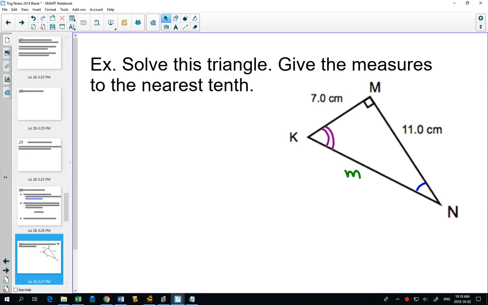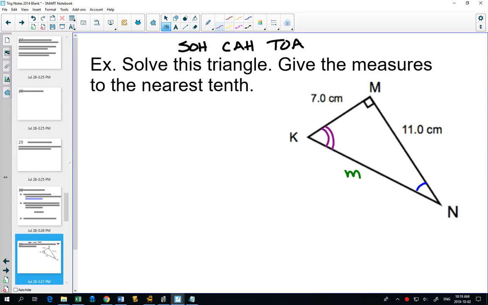So now we have a little bit of choice because there's more than one thing we could do to start. First of all, I'm going to write out our definition up here, SOHCAHTOA. We also have a squared plus b squared equals c squared.